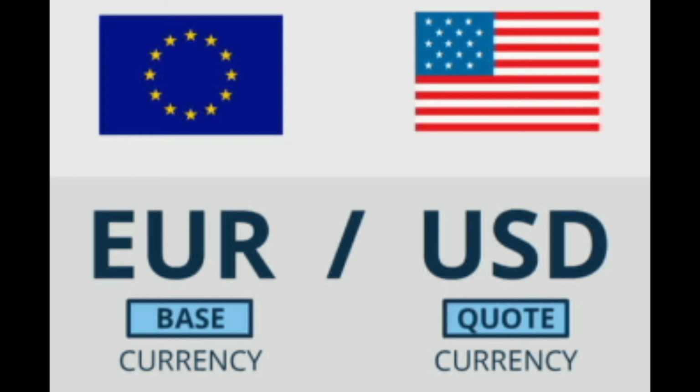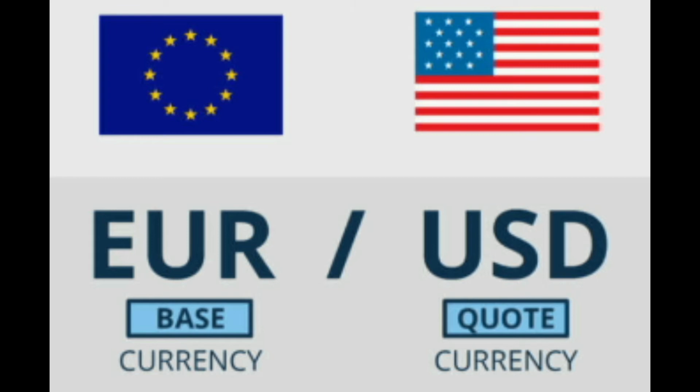The reason for this is that the euro is weak and because it is in the front, it controls what is going to happen. If the base currency is weak, that means it's going to go down because the quote currency is stronger. So the one in the front leads the currency pair.